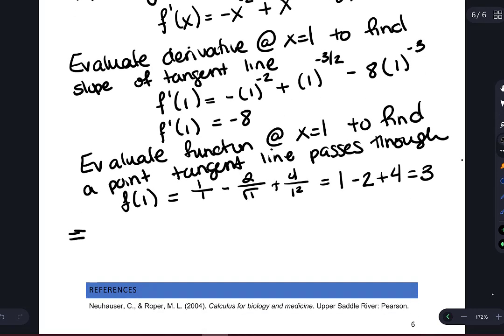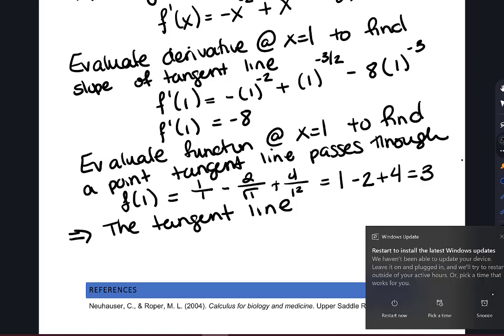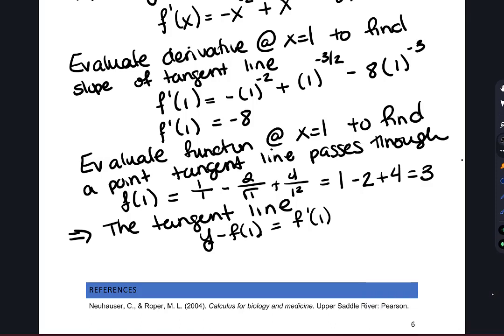So therefore, the tangent line. Going back to one of those previous sections, where we saw that once we have a point the tangent line passes through and the slope of the tangent line, we could write that as y minus f evaluated at the point is equal to the derivative evaluated at the point times x minus 1.